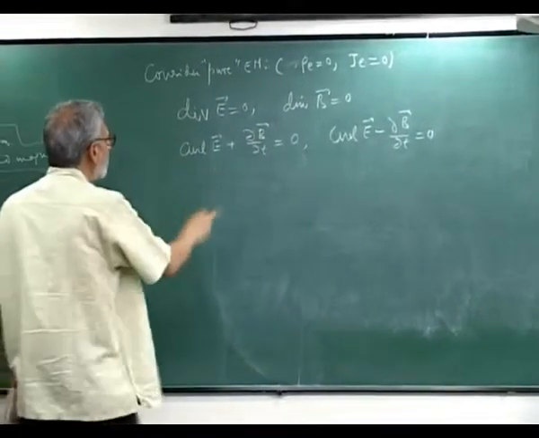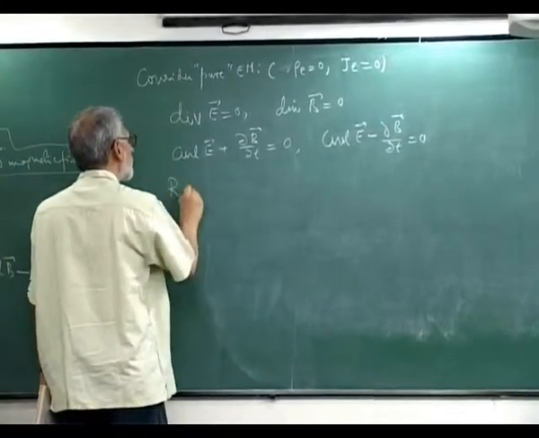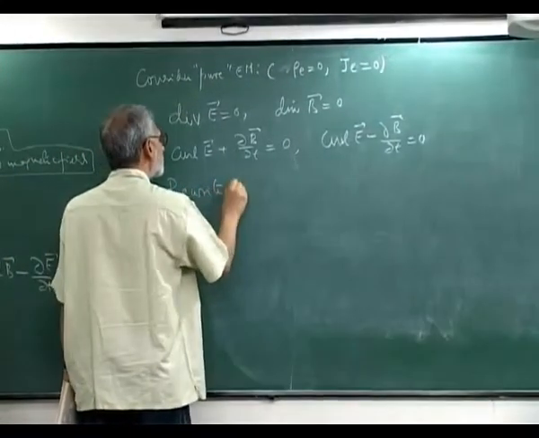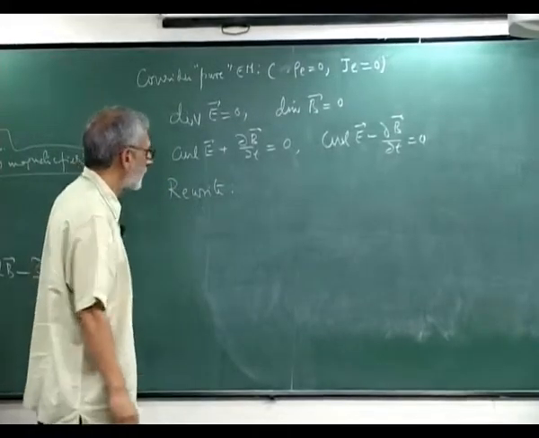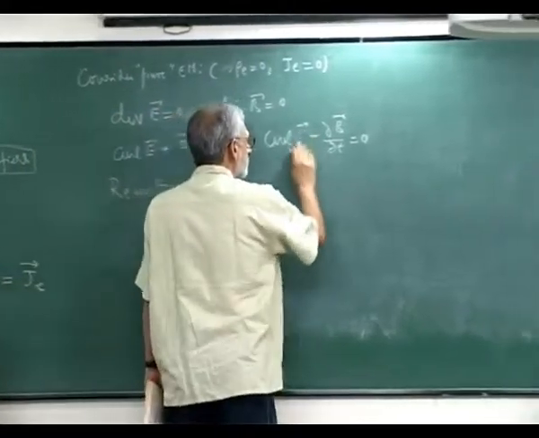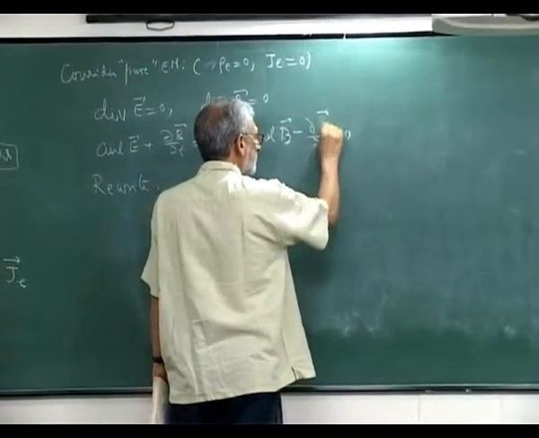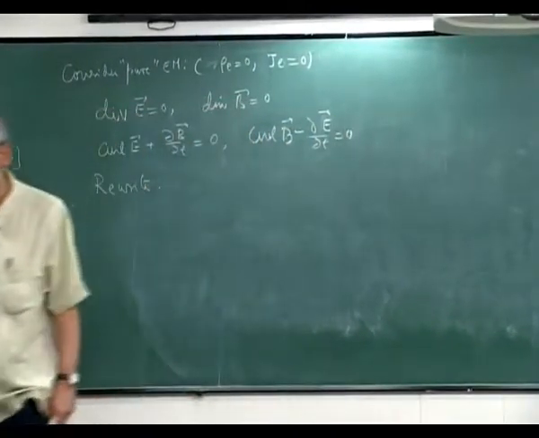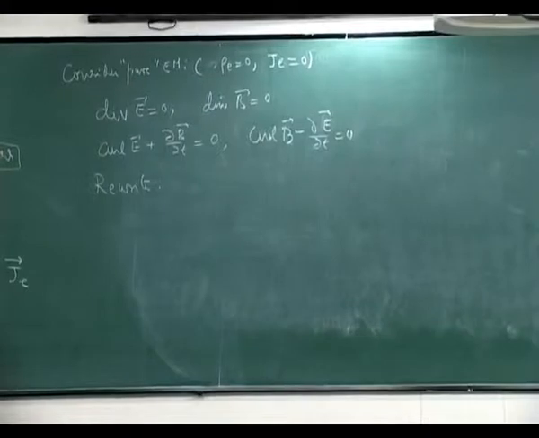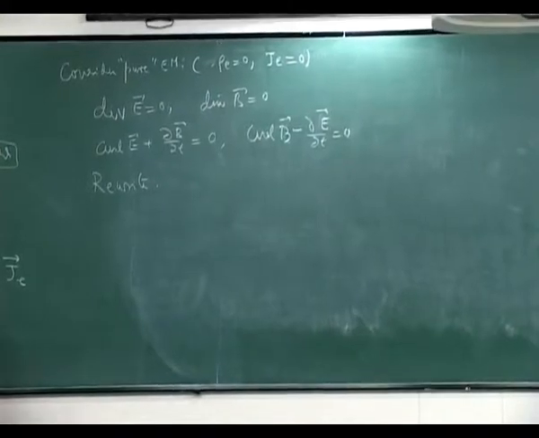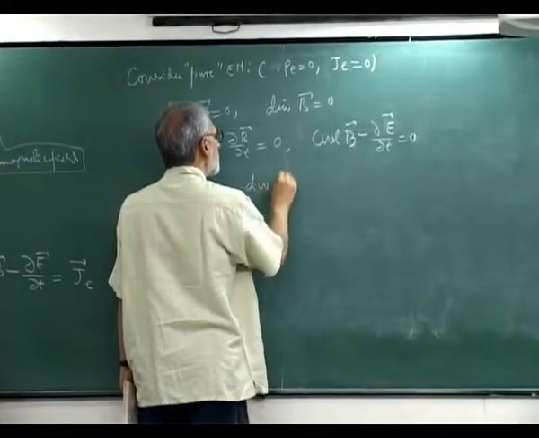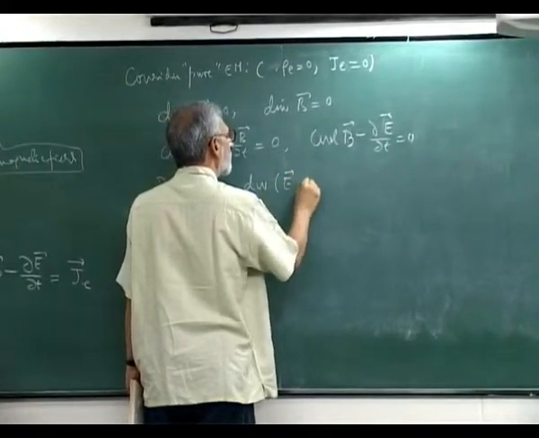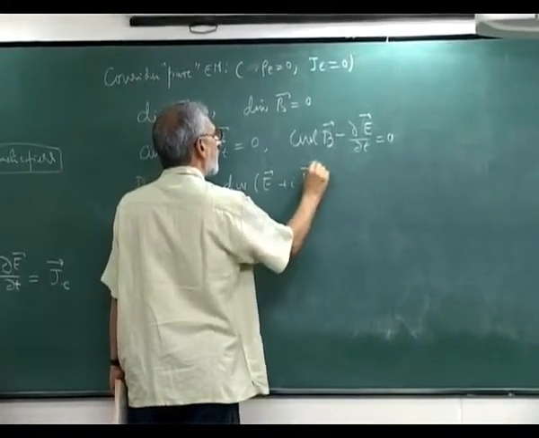Let's rewrite these equations and combine these into one equation. Divergence of electric field plus I times magnetic field is 0.